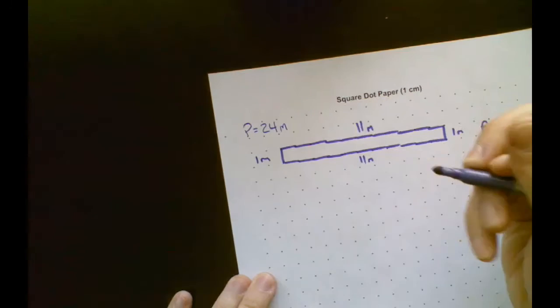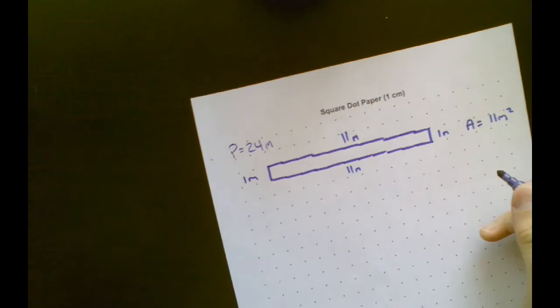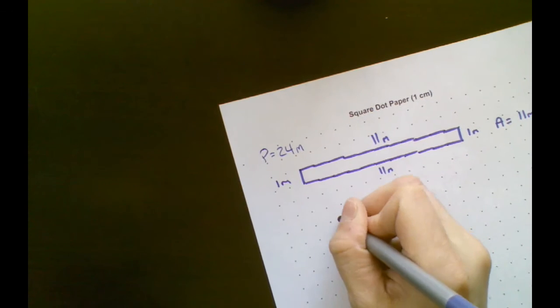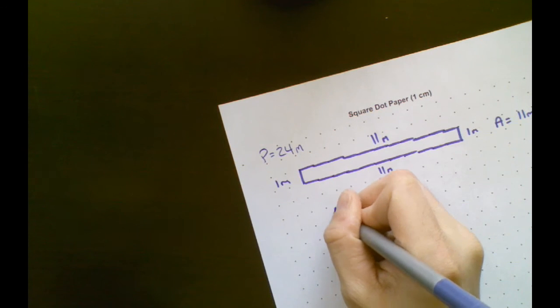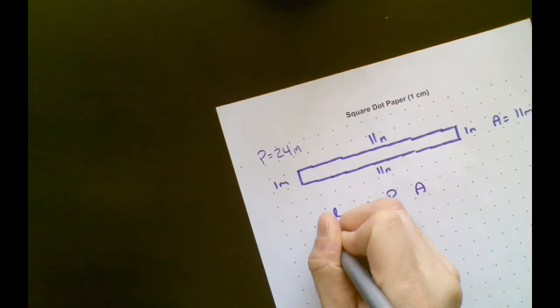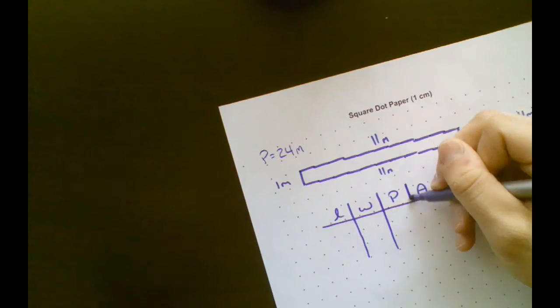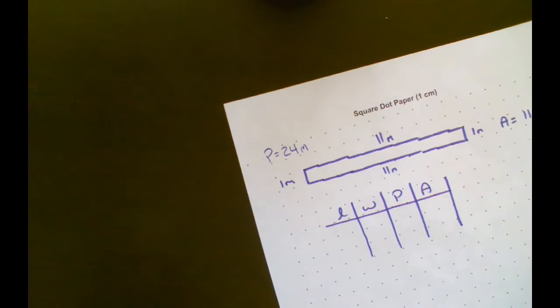Now, I can go to the next one. I can draw 2 wide. I can draw 3 wide, 4 wide, 5 wide. Okay? I'm going to skip a few, by using a chart, because I am comfortable with just doing this with numbers.